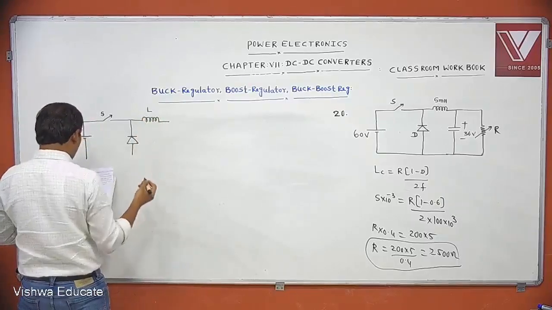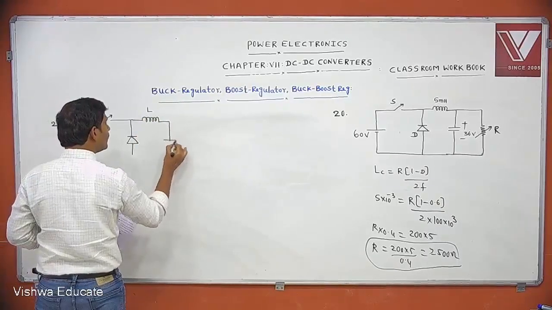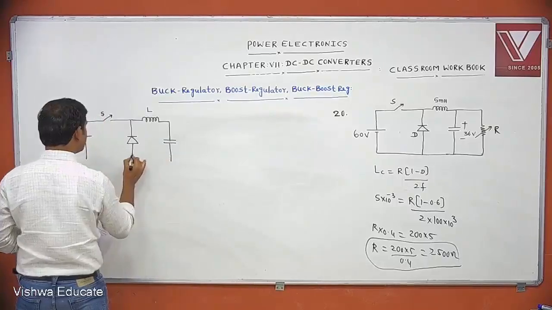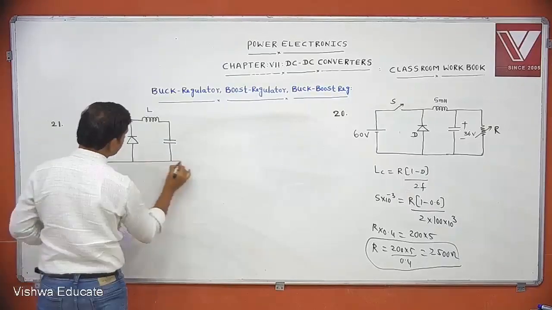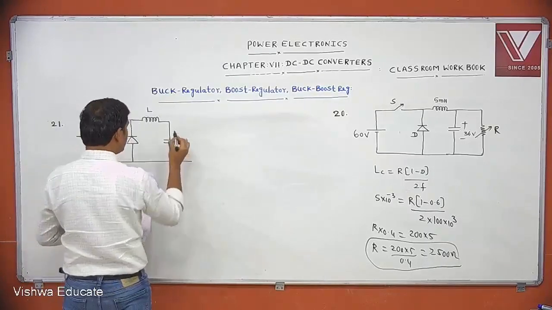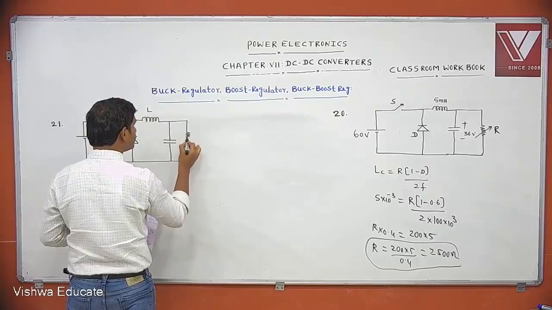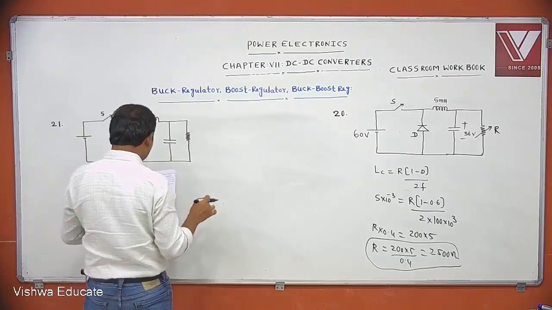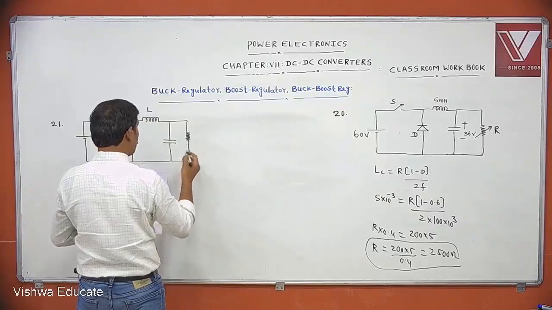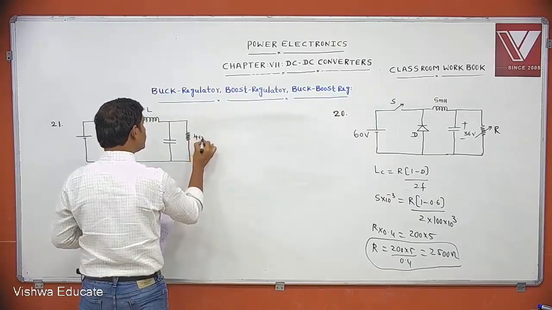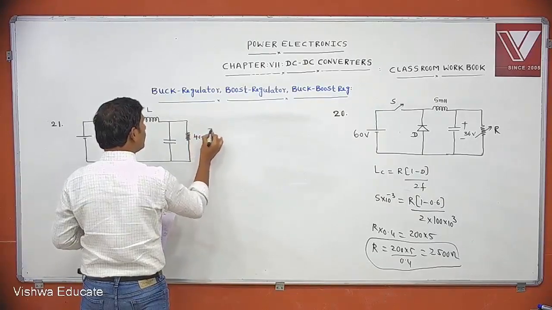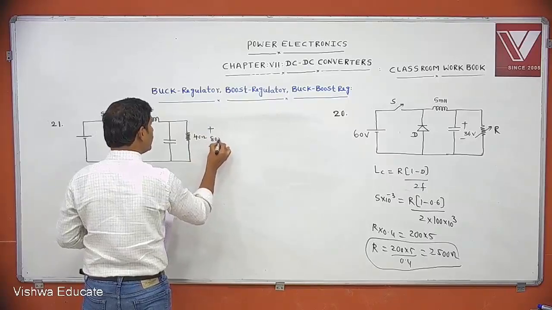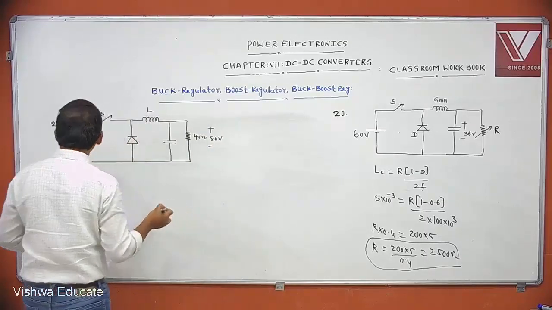You want L connected, and this is the capacitance. How much is this given? 40 ohm. And this voltage given is 80 volts, and this is 100 volts.